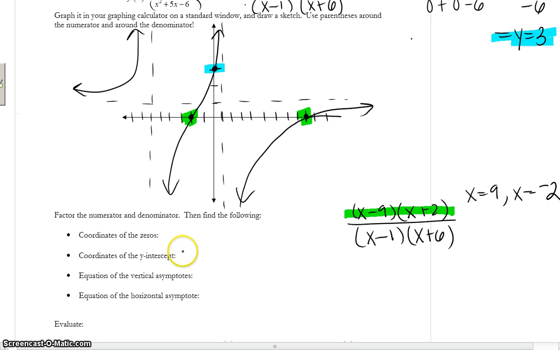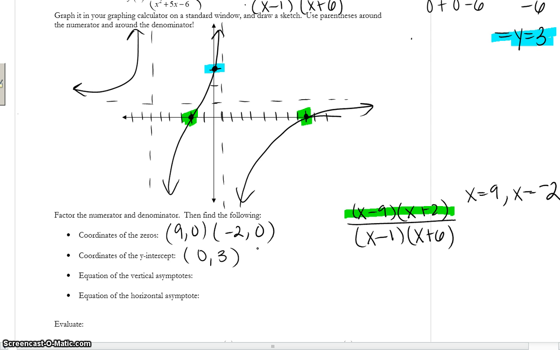So our y-intercept is (0, 3), and our x-intercepts are (9, 0) and (negative 2, 0).